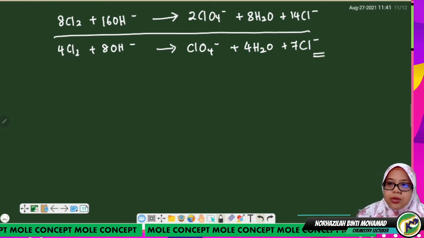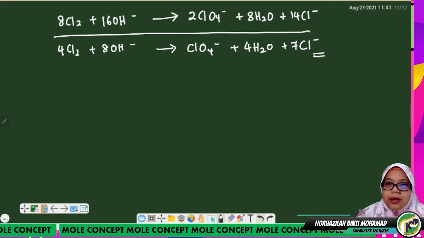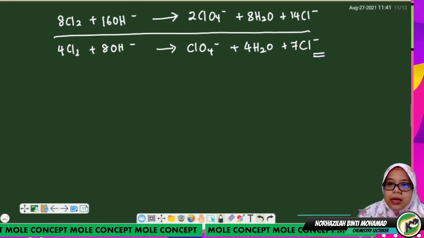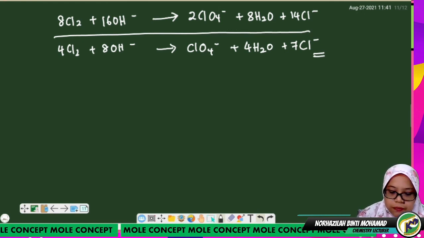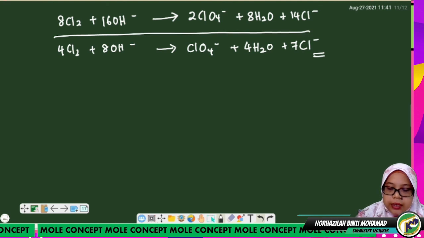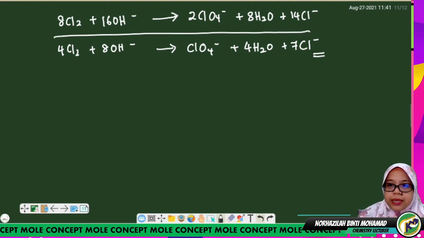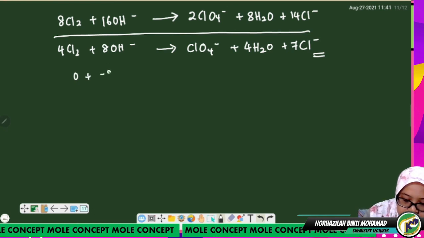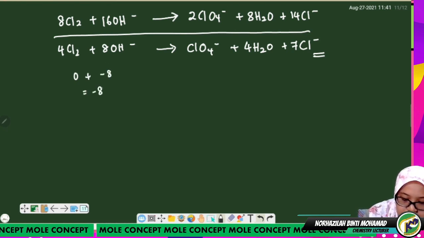To make sure that you have correctly balanced this redox equation, same as acidic, we need to calculate the total charge. Is it the same on both sides? Right now I have 0 plus negative 8, which equals negative 8.